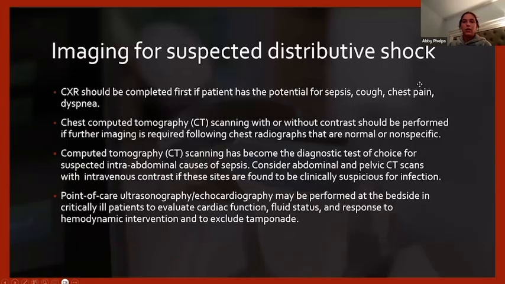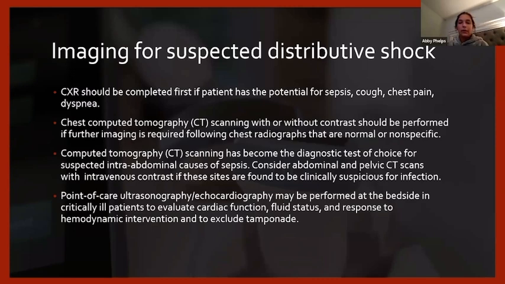So, imaging for suspected distributive shock. A chest x-ray should be completed first if a patient has potential for sepsis, cough, chest pain, or dyspnea. A chest computed tomography, a CT scan with or without contrast, should be performed if further imaging is required following a chest radiograph that is normal or non-specific.